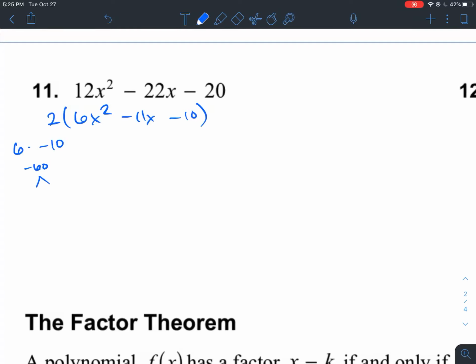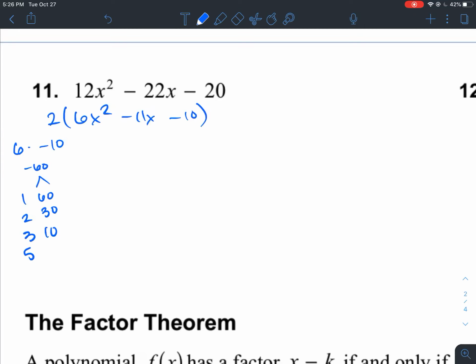So if I think about that, let's break this down. 60 can be multiplied by 1 and 60. Well, that won't give me 11. 2 and 30. And that won't give me 11. 3 and 10 still doesn't give me 11. Let's see, what else? 5.